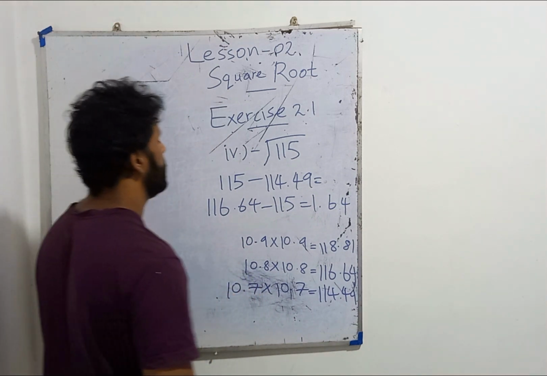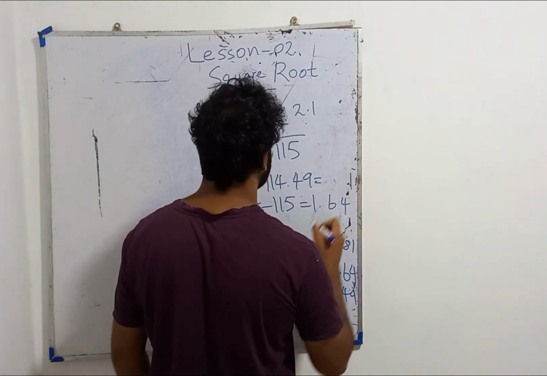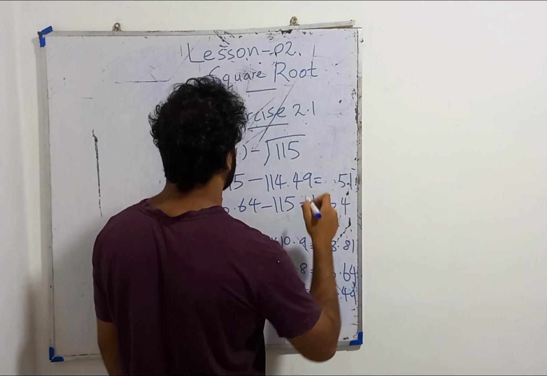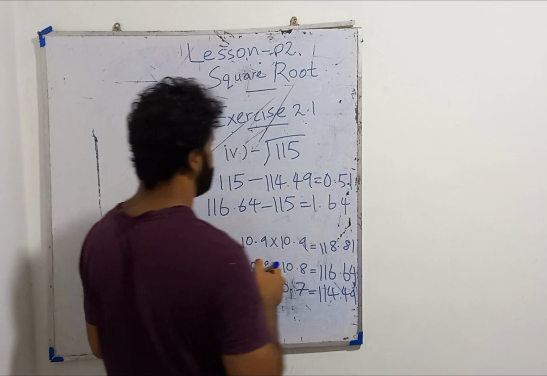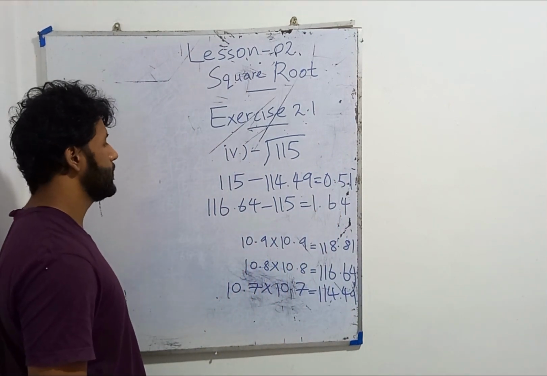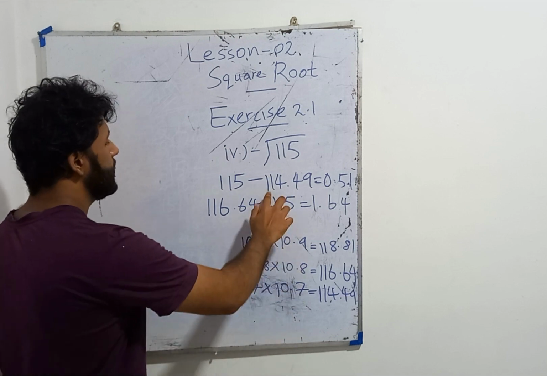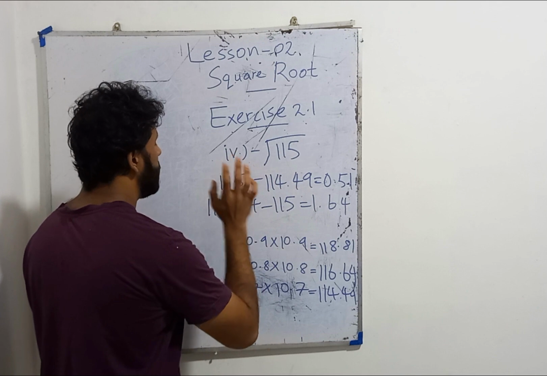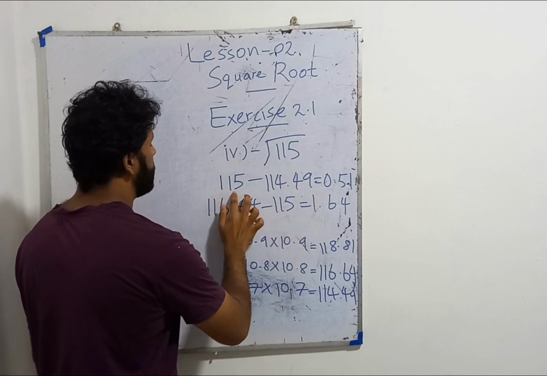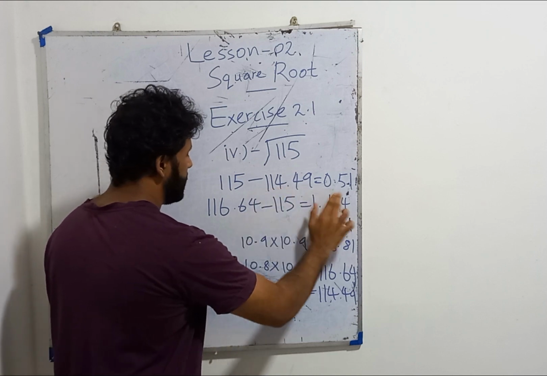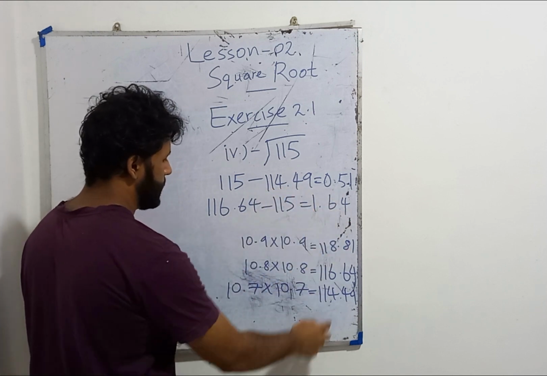And this one, 115 minus 114.49, that's going to be 0.51. You can clearly see 114.49 is closer to 115. Then we should consider this.